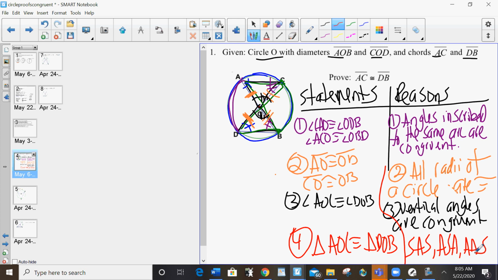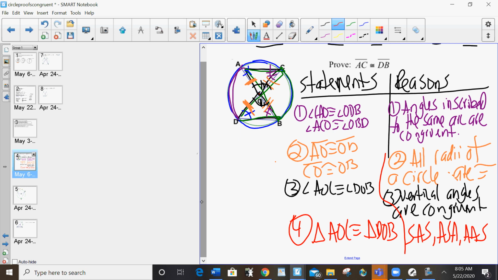Now, it's asking me to prove that AC is congruent to DB. Now that I have the triangles are congruent, AC is congruent to DB, and that's CPCTC. So again, there's more than enough information.